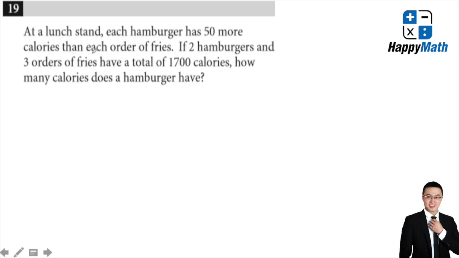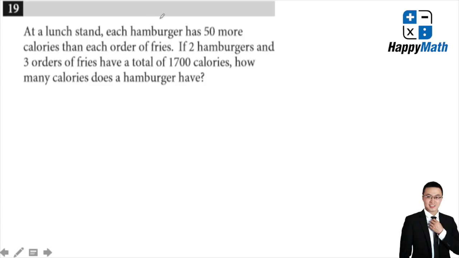19. At the lunch stand, each hamburger has 50 more calories than each order of fries. 2 hamburgers and 3 fries have a total of 1070 calories. How many calories does a hamburger have? Okay. This kind of exercise is a word problem of simultaneous equations. So the first step, I have to put a variable for each unknown number.